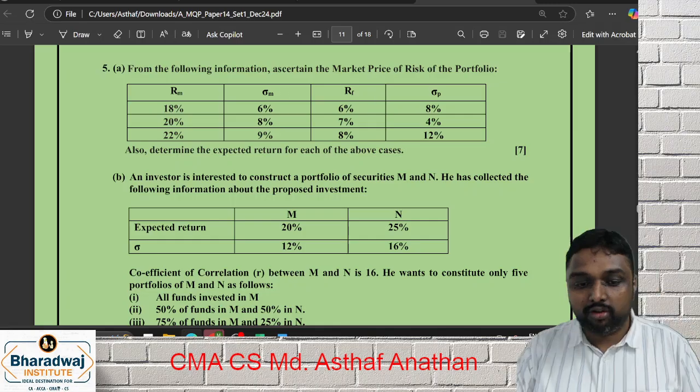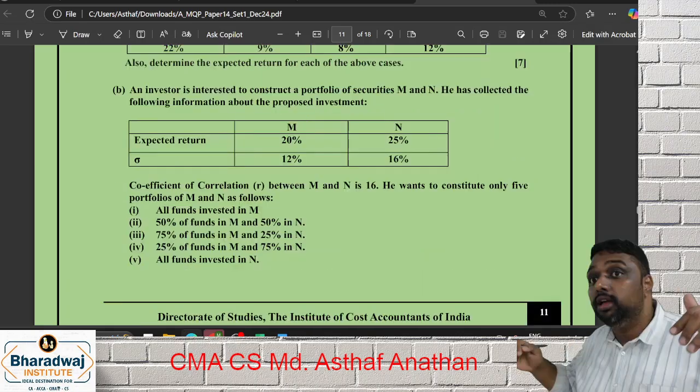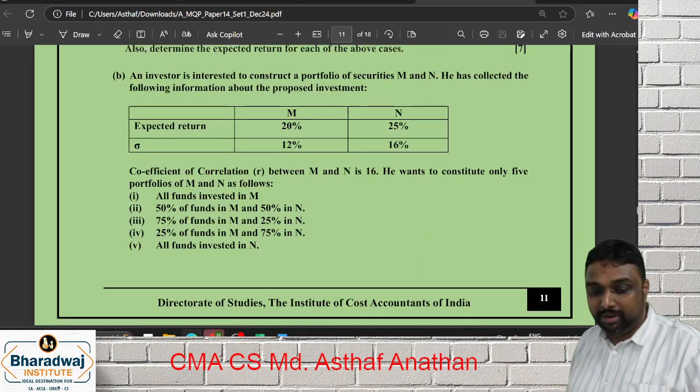What is the CML formula? RM minus RF, so 18 minus 16 divided by 6. You will get lambda. Then you have to approach the formula: RF is 6, lambda into this portfolio. Correct or not? So both 5A and 5B we discussed today. Same ditto question, but in the exam it won't be ditto; it will be from a different perspective. So this is the answer. So two questions, that is 7 into 7.